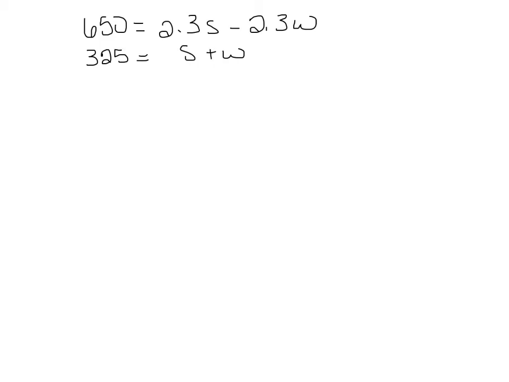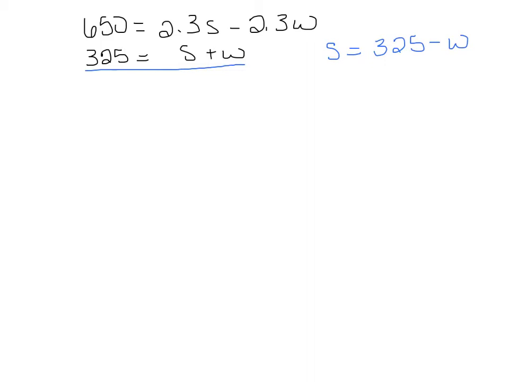Since this one already has a leading coefficient of 1 with the s and the w, I can go ahead and solve this for s and get 325 minus w is equal to s by subtracting w from both sides of the equation. And I can solve this system by substitution.